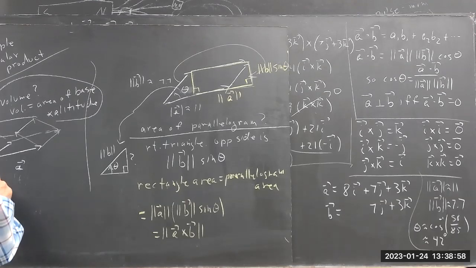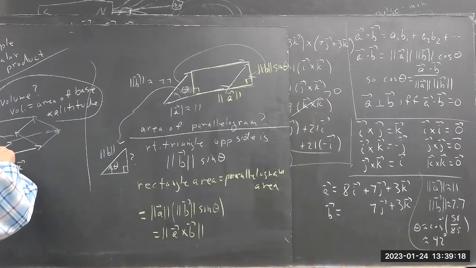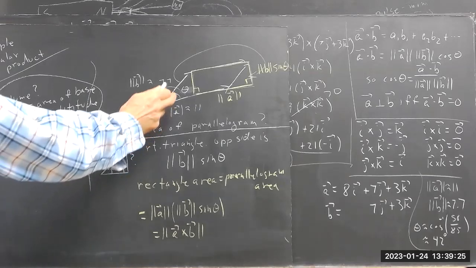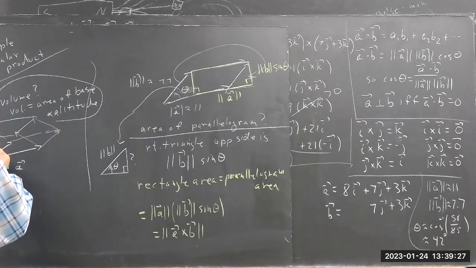Here's our C vector. There's our altitude. We call this angle theta. Now I'll use theta over here, so I'll go ahead and use phi.